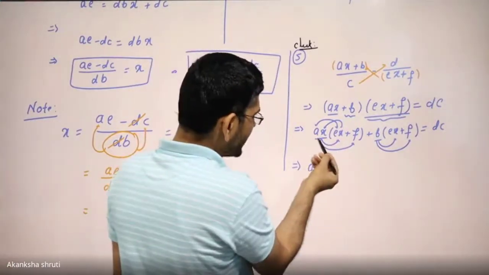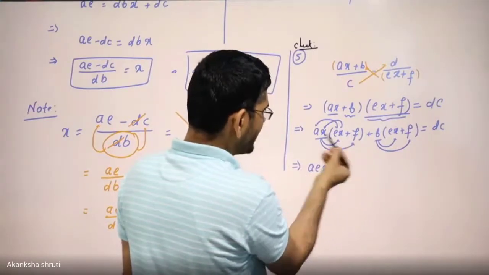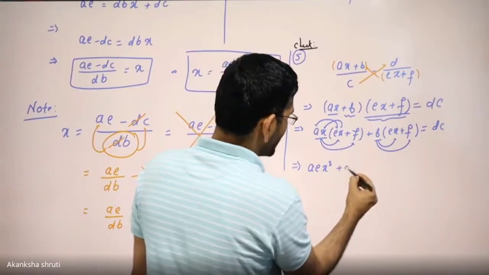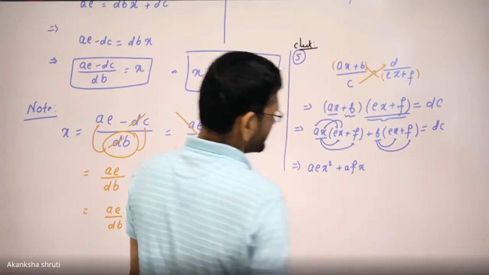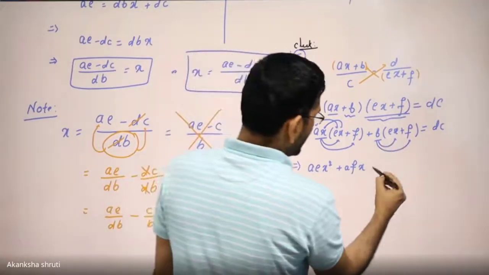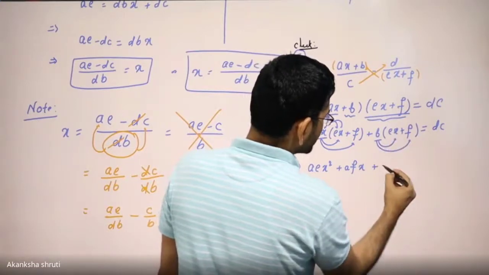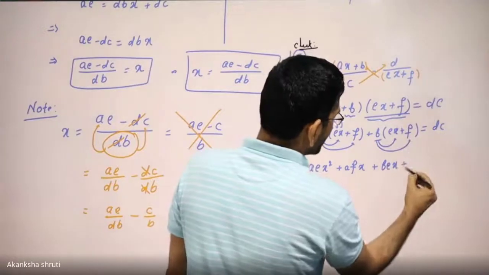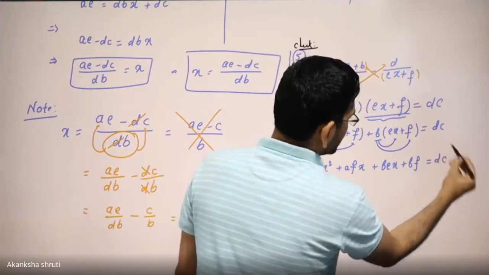But when ax is multiplied with f, which does not have x, only f multiplies to a. The sign remains plus, so af and only one x. Coming to this, it is b into e, only one x, so bex, then plus b into f is equal to dc.